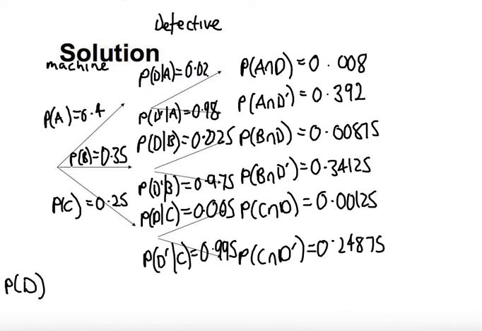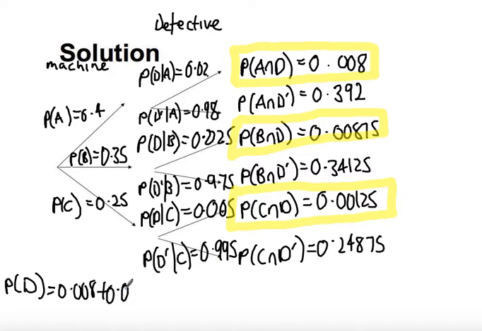Now, what we were asked to do was find the probability of it being defective. So I look at my end branches and identify where I have defective outcomes: the top one is defective, the third one down is defective, and the fifth one down is defective. So the probability of it being defective is 0.008 plus 0.00875 plus 0.00125.